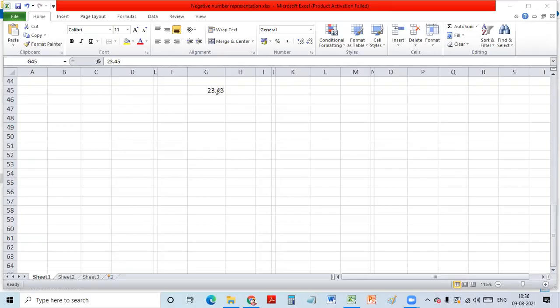We call it the decimal point. After the decimal point, whatever number is there, we use to specify the fractional part. So this is a mixed value, integer and fraction. This is a mixed number.